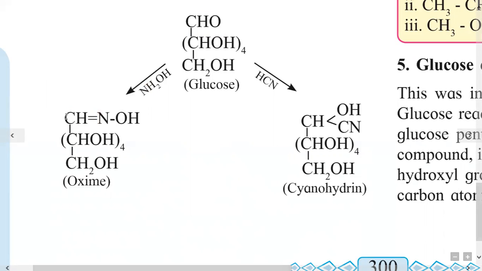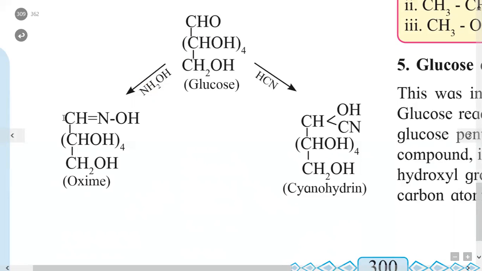The compound obtained is called the oxime of glucose. It is obtained by the reaction of glucose with hydroxylamine. So this test confirms that glucose contains the aldehyde functional group.